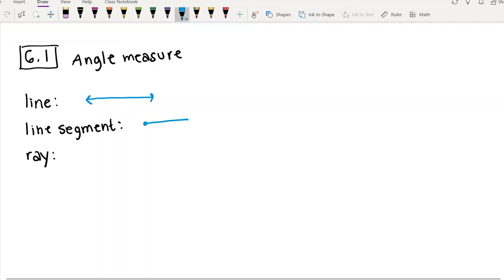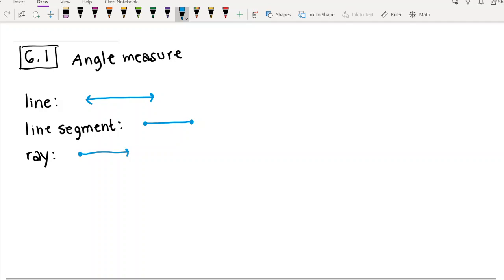So a line segment would be like, if you have a triangle or another shape and you're talking about one of the sides of a shape, it would not be a line because it doesn't go on forever. It would be a line segment. And then the last one is what's called a ray. So a ray is kind of like a hybrid. It's where you have one endpoint and then the other end goes on forever.